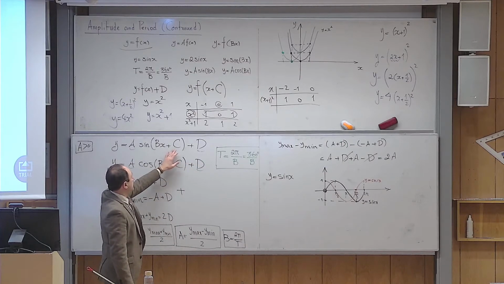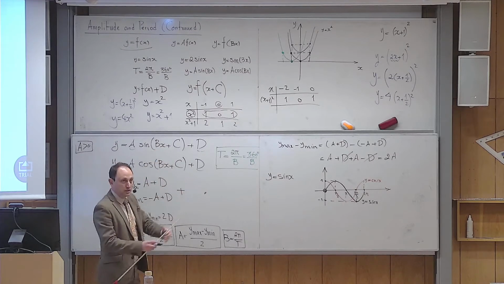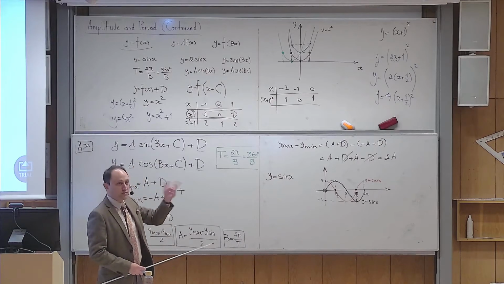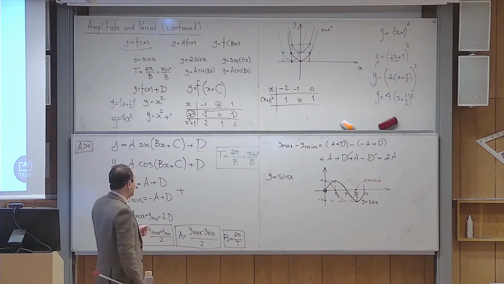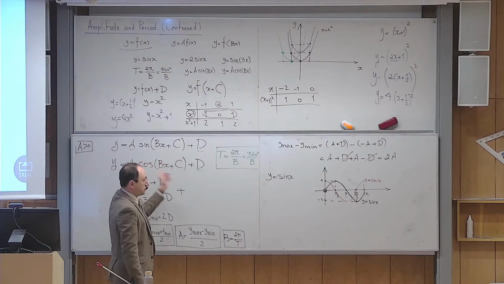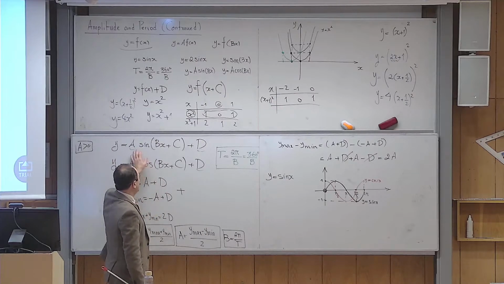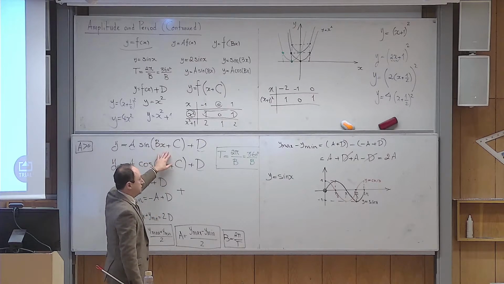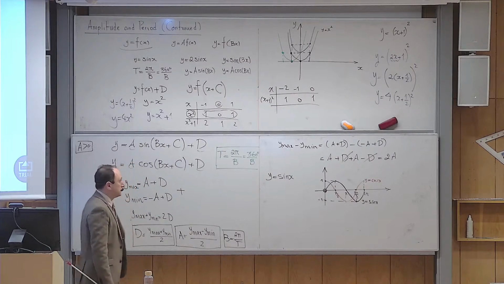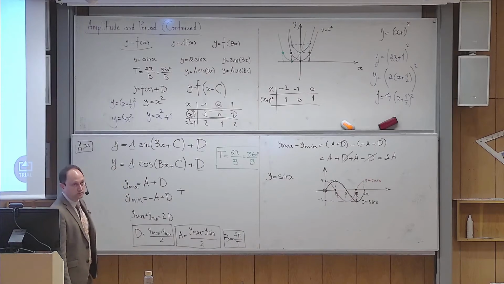You are also multiplying by a number b. The effect will be squeezing or stretching along the x direction, but opposite to your intuition, yes? And then this c will affect the shift. Yes, it will actually cause the shift in the x direction. So you are doing four transformations on the original graph.